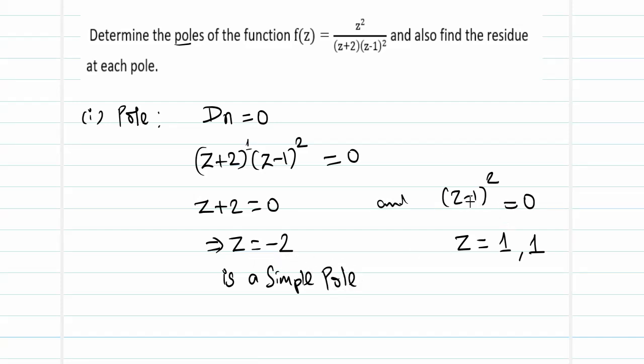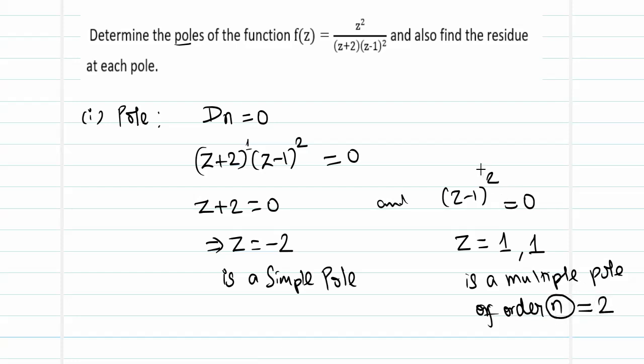But z equal to 1, which is of power 2, is called a multiple pole of order n. And what is going to be the order n over here? n is going to be equal to the power over here, which is 2. So I refer to z equal to minus 2 as a simple pole and z equal to 1 as a multiple pole.